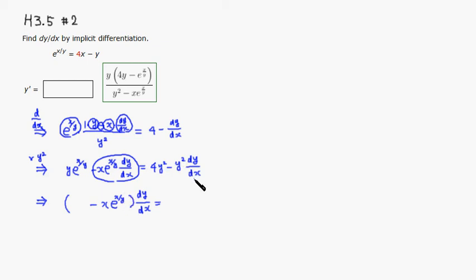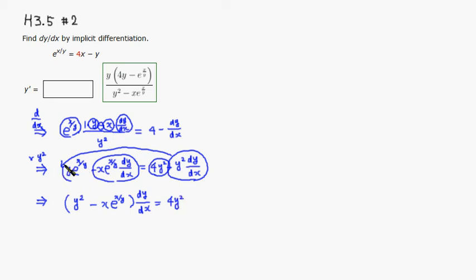Alright? Then you have another term, a negative y squared dy over dx. So we bring it over to the other side. You have a positive y squared times dy over dx. Alright? Then you have 4y squared on the other side, so I'm going to keep it on the right, so there's no change there. Right?